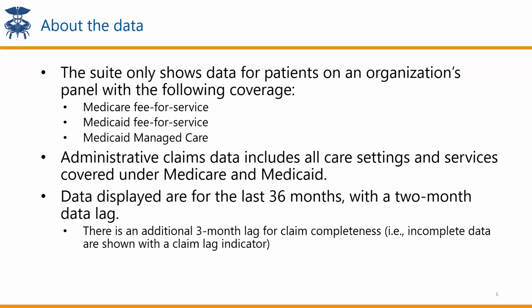The suite also only shows administrative claims data included in all care settings and services covered under Medicare and Medicaid. The data displayed is only the last 36 months of data. This is a rolling 36 months. And there's about a 2-month data lag in the Multi-Payer Reporting Suite. That's just another thing to note as you go through this report.